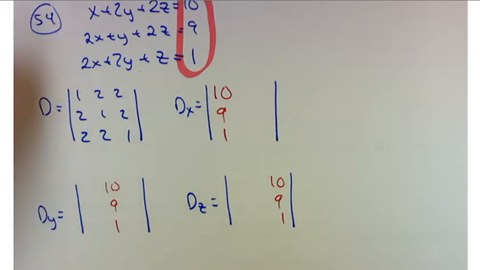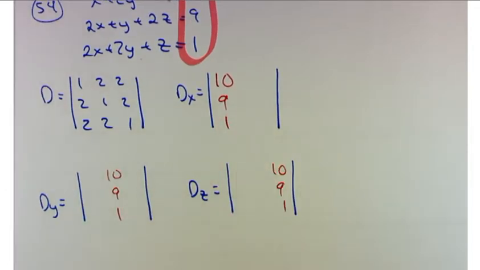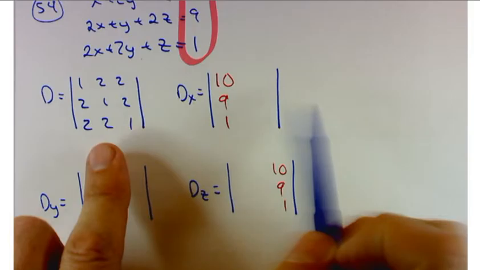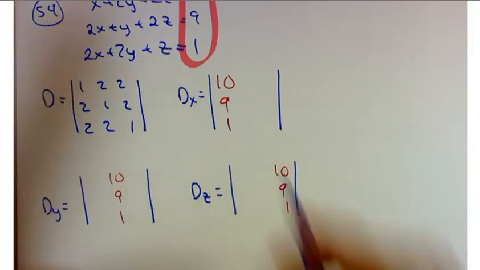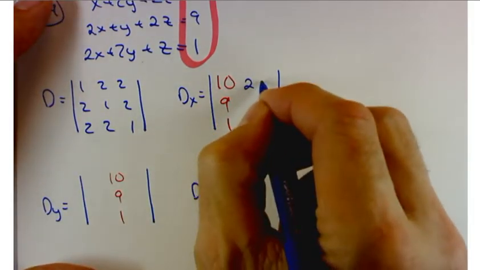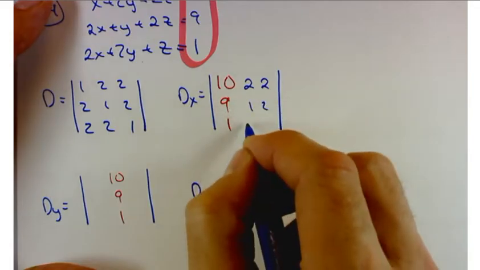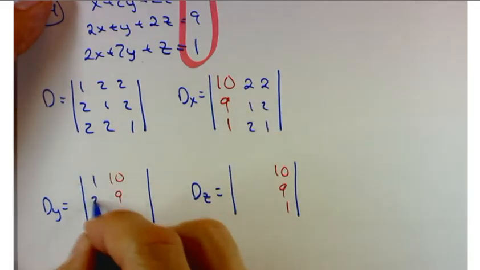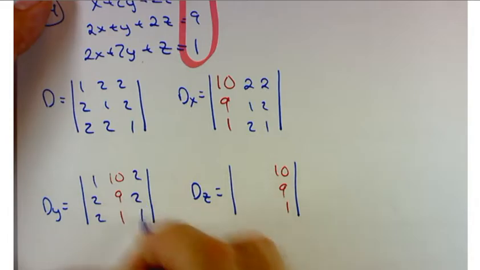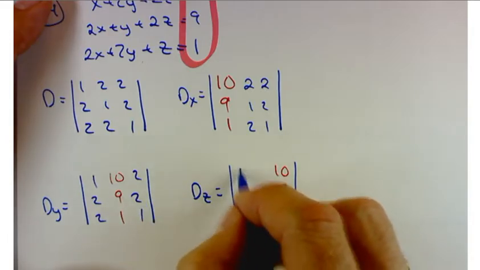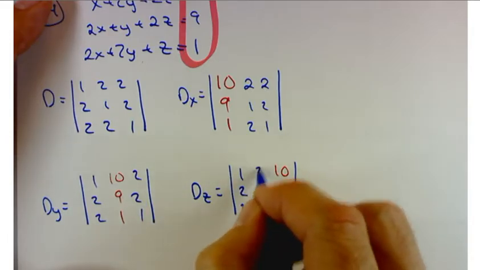Now the rest of the matrices should be the same as it was in D. So just fill in everything that already isn't filled in from the rest of your matrices.